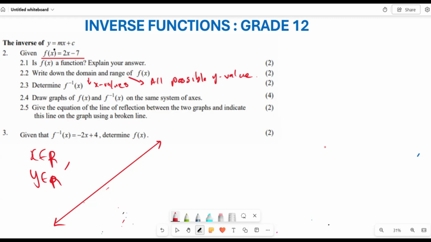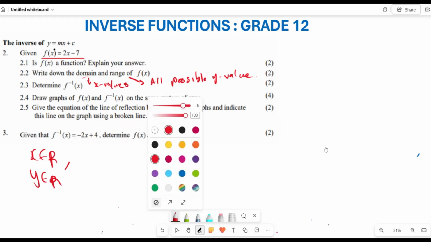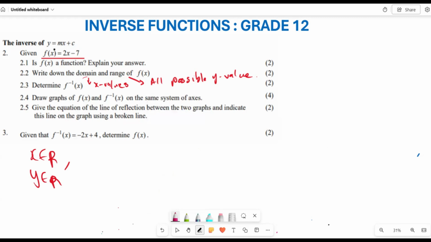Are we together? So the domain and also the range of your straight line function will always be where x is an element of real numbers and where y is an element of real numbers.